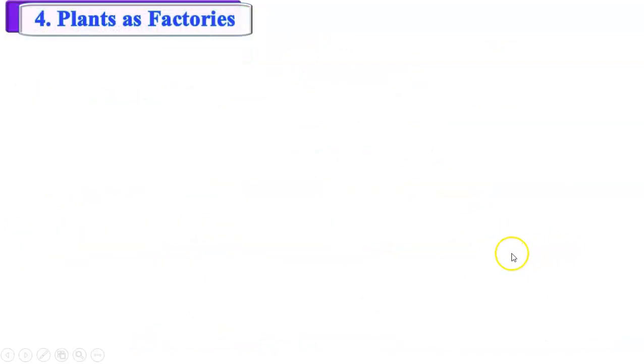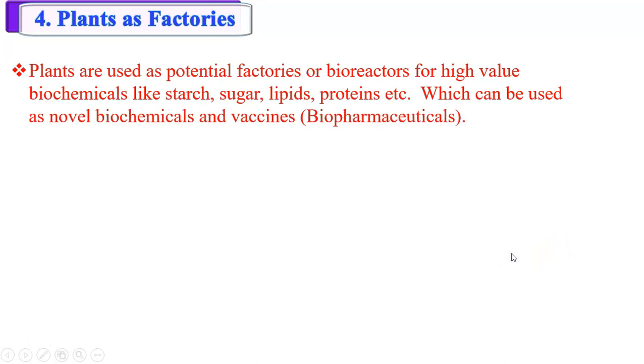Plants as factories. Plants are used as potential factories or bioreactors for high-value biochemicals such as starch, sugar, lipid, proteins. These are routinely produced in the plants, and they can be used as novel biochemicals and vaccines.